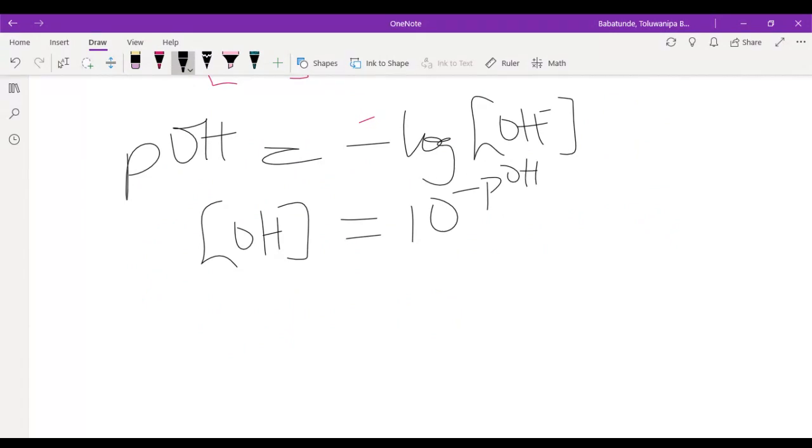If you're given the hydroxide ion concentration and not the hydrogen ion concentration, what you are finding is pOH.